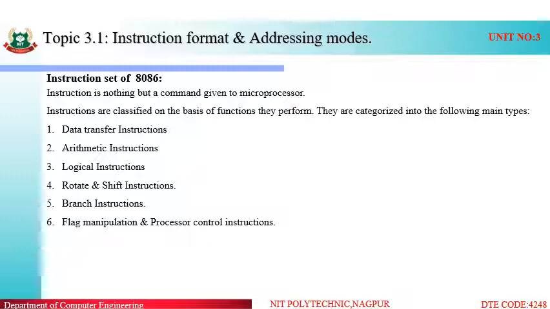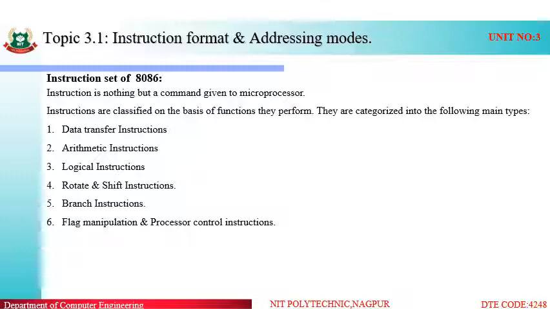So what are these categories? The first classification is data transfer instructions. Next is arithmetic instructions. Third is logical instructions, then rotate and shift instructions, branch instructions, and the last type is flag manipulation and processor control instructions.